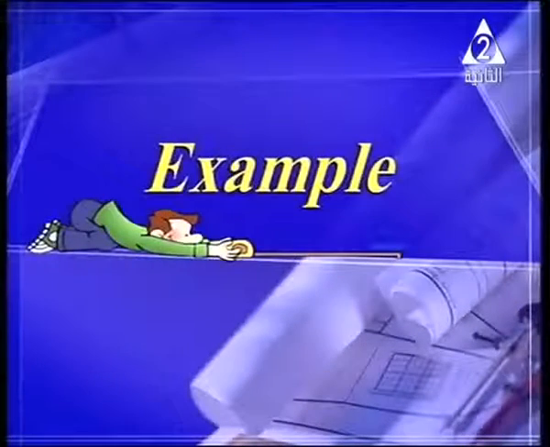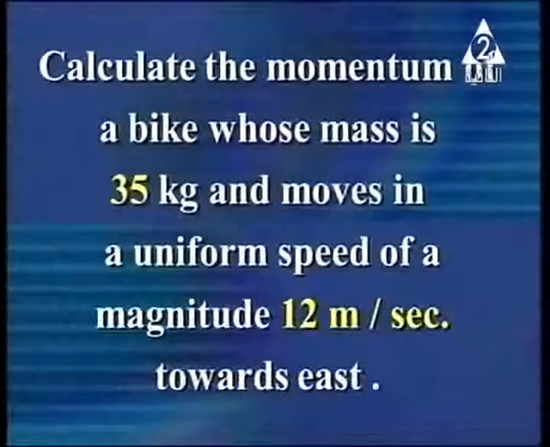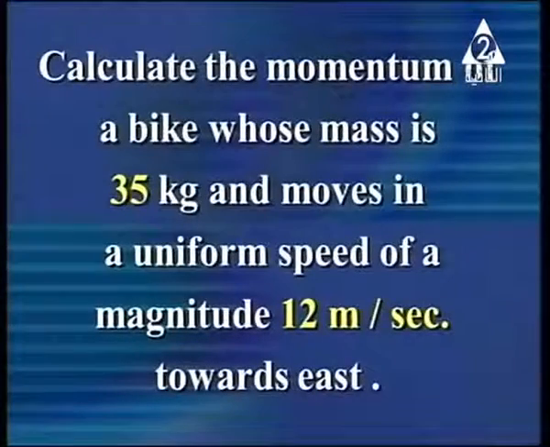Dear student, look at the first example. Calculate the momentum of a bike whose mass is 35 kilograms and which moves at a uniform speed of magnitude 12 meters per second towards the east. Remember, we have a bike with mass 35 kilograms. This bike moves at uniform speed.